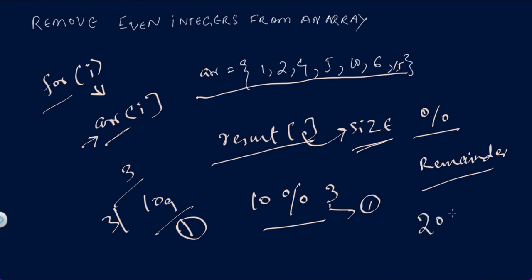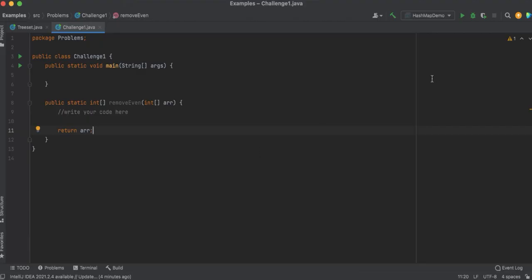So 2 modulus 2 is equal to 0. This determines that the given element is even. So let's solve the program along with me. Let's solve the problem.